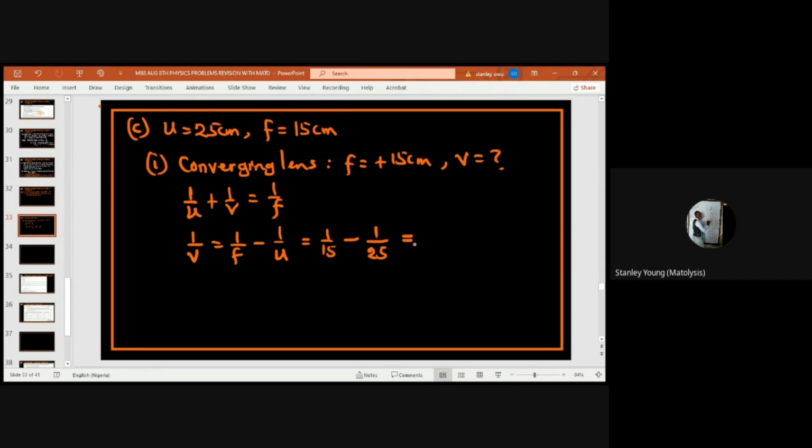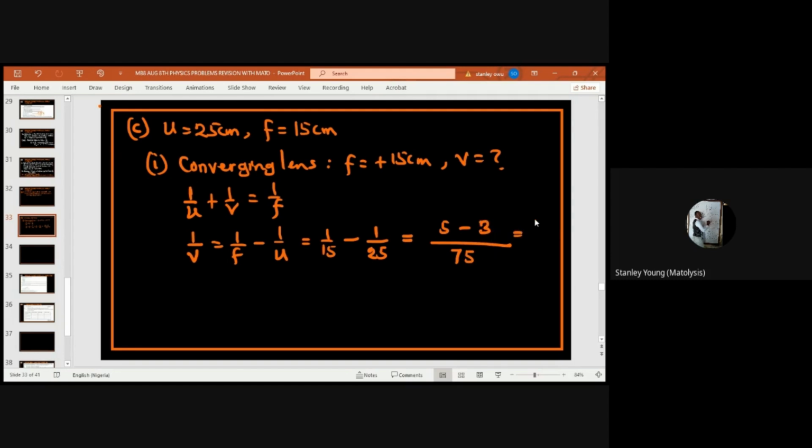In that case, you can choose to find the LCM, or you can choose to use your calculator, your choice. The LCM here should be 75, right? 15 in 75 is 5. 25 in 75 is 3.